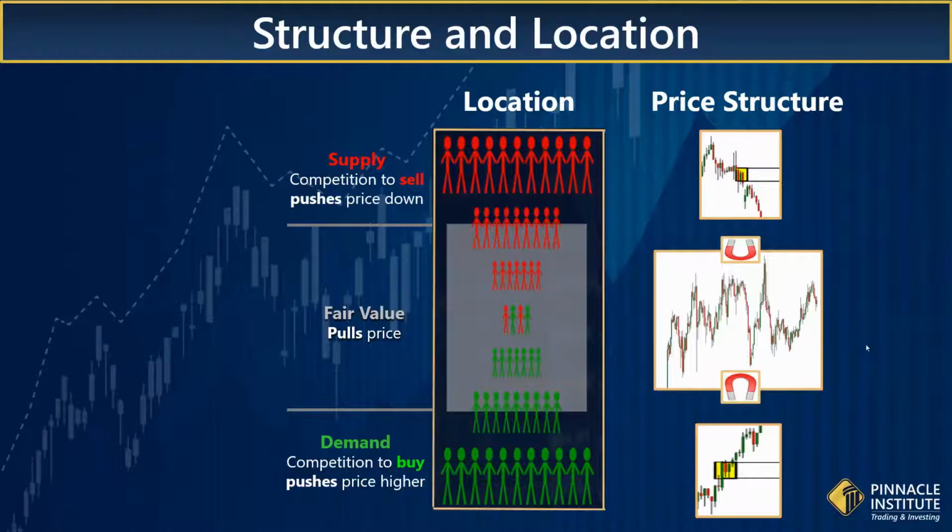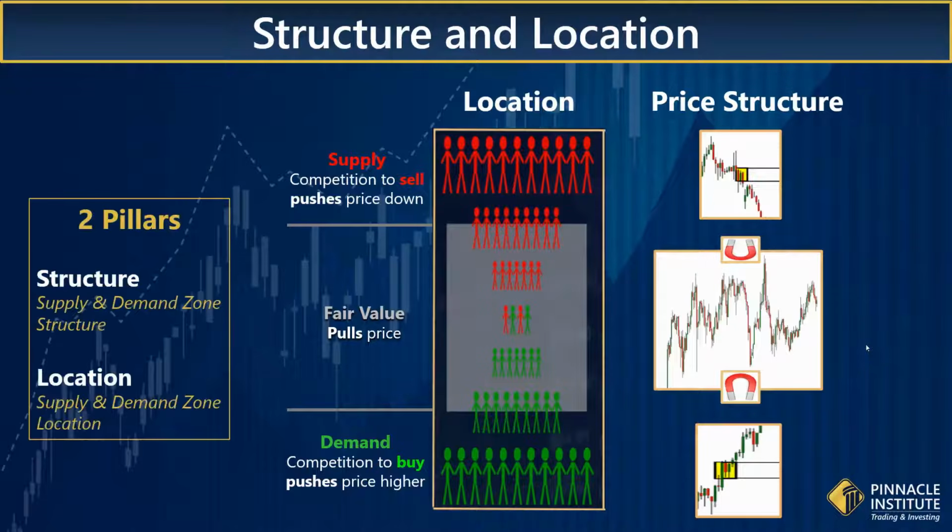So how do we map this all out? Again, sticking with the original supply demand strategy rules, which have never changed, we focus on our structure and location analysis. There are 4 components that have to be present when it comes to structure. And then once we have that, where is it located?